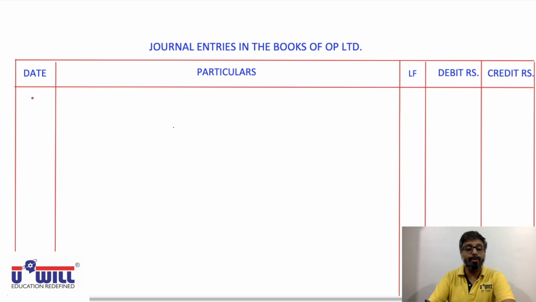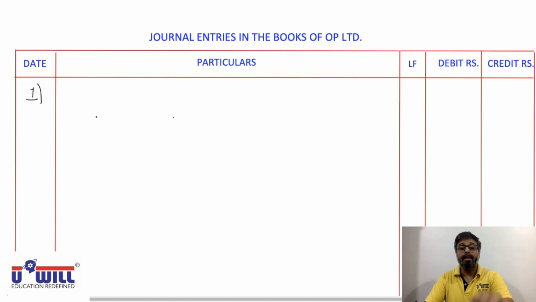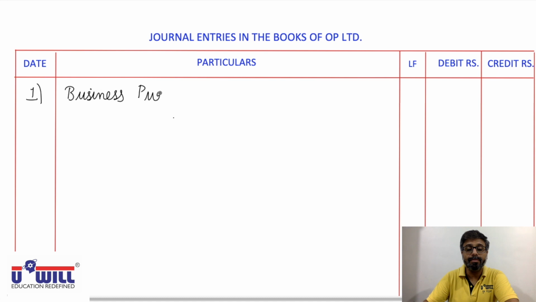So, first entry. What is the first entry in the books of the transferee company? Business comes in, debit what comes in. So, business purchase account debit, and the amount payable to the liquidator, credit.